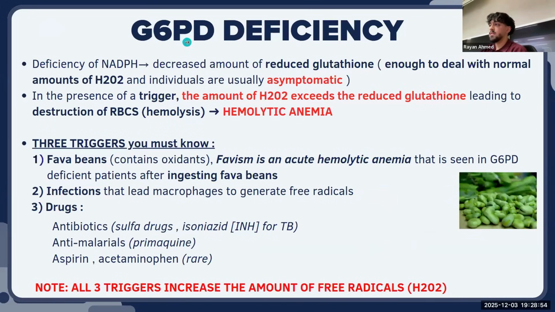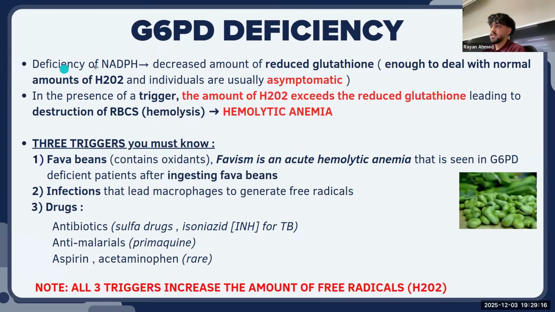Now, very, very, very high yield. It's going to be very easy, inshallah. So G6PD deficiency. We know that G6PD is the rate limiting enzyme in the whole pentose phosphate pathway, which is used in the oxidative part of the pentose phosphate pathway. Now, if we don't have G6PD, we're not going to have NADPH, right?